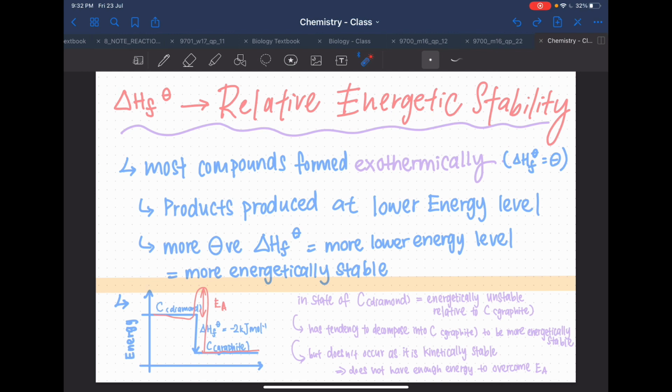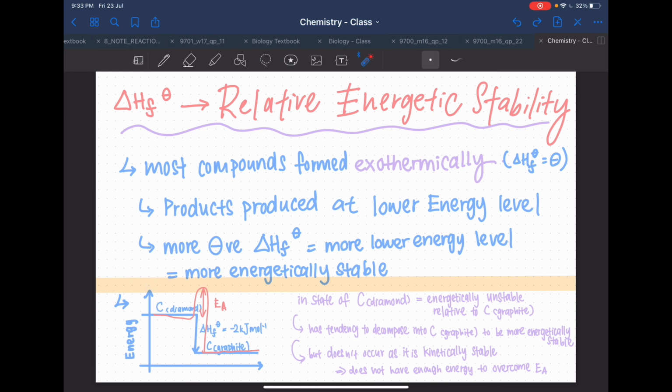An example here is carbon in the form of diamond and carbon in the form of graphite, and diamond has a standard enthalpy change of formation of 2 kilojoules per mole. Carbon in the form of diamond is energetically unstable, so it has a tendency to decompose into the more stable product, which is carbon in the form of graphite. But as we know, we do not observe this occur, because diamond is kinetically stable, which means it does not have enough energy to collide to overcome the activation energy, which is the minimum energy required to start that reaction.